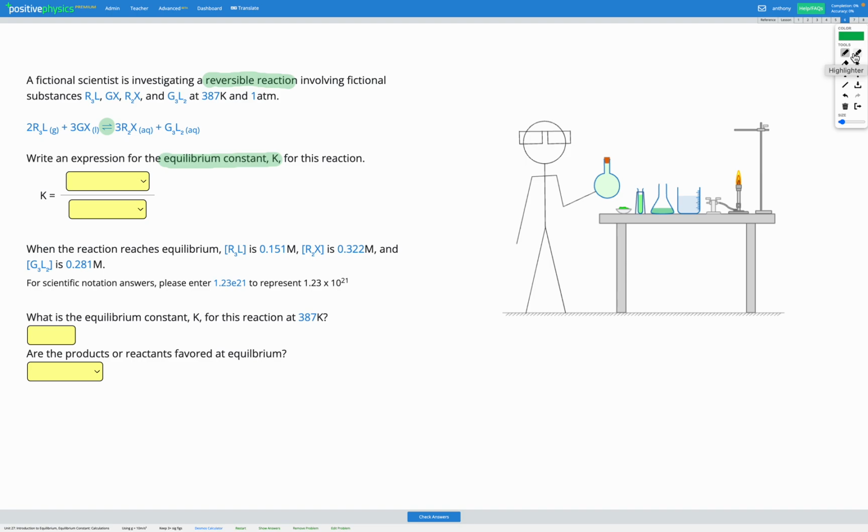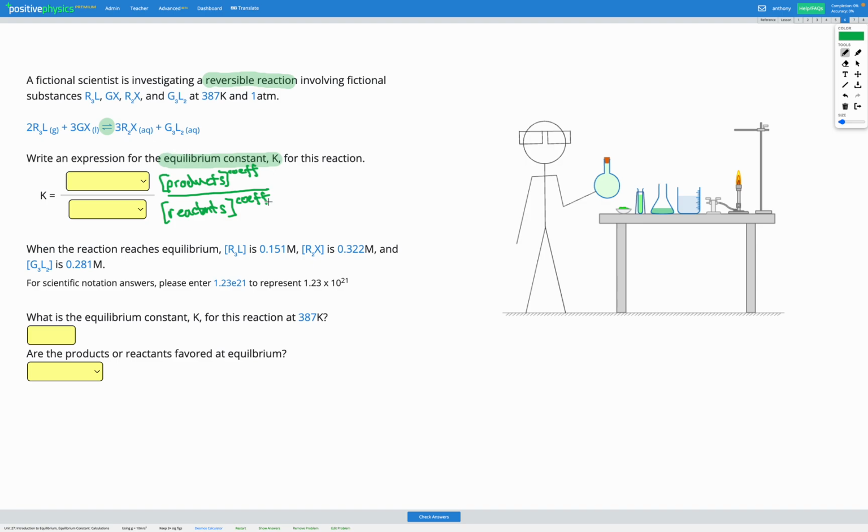Okay, so in this equation, we're going to have the concentrations of our products to the power of their coefficients divided by the concentrations of our reactants to the power of their coefficients. But it's only going to be things that are aqueous or gas, not solids and liquids.